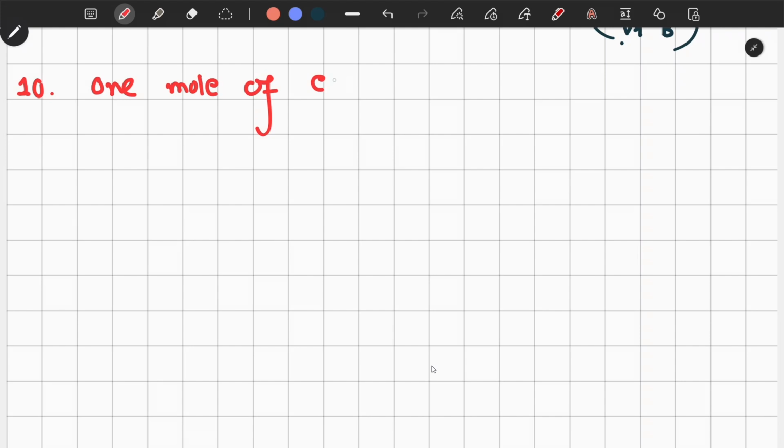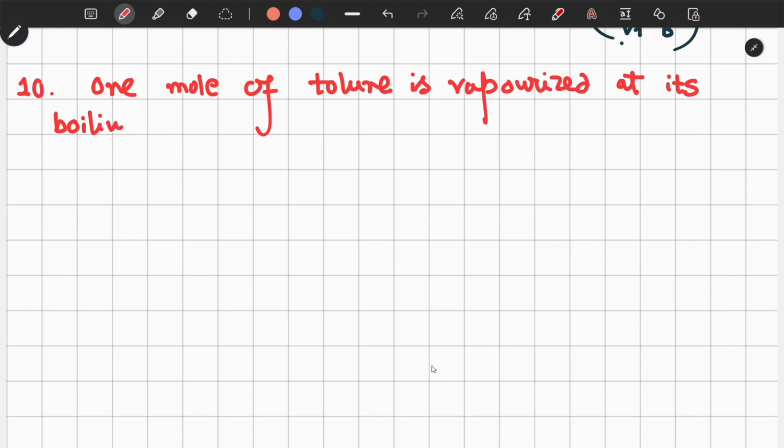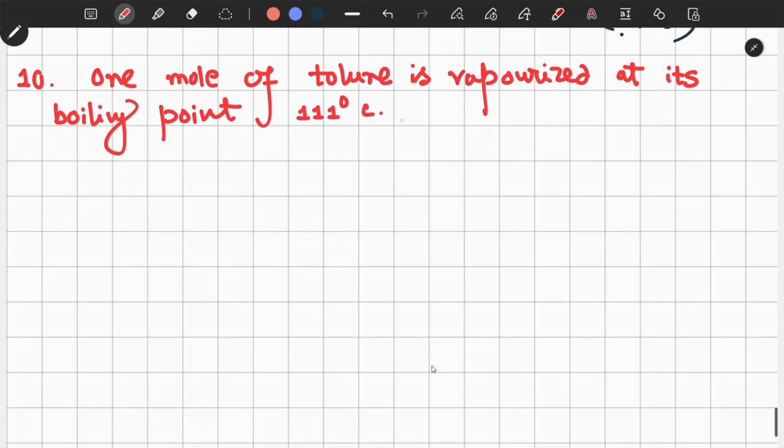1 mole of toluene is vaporized at its boiling point, which is 111 degree centigrade.